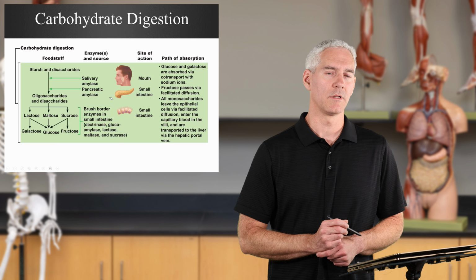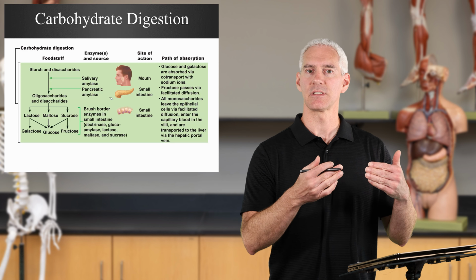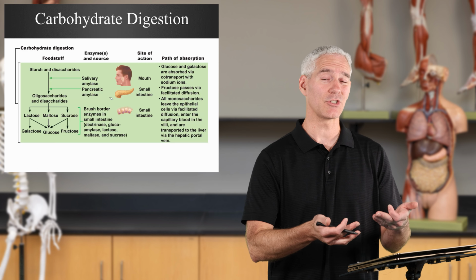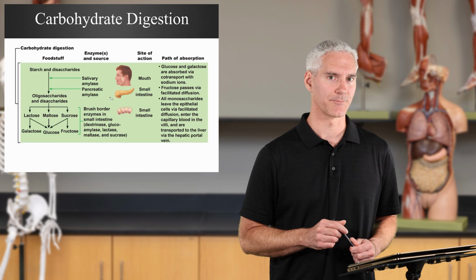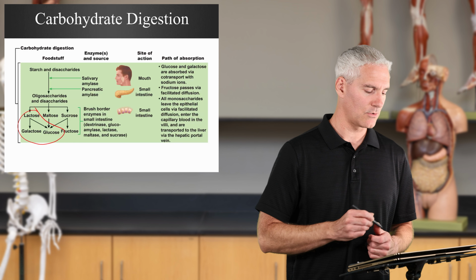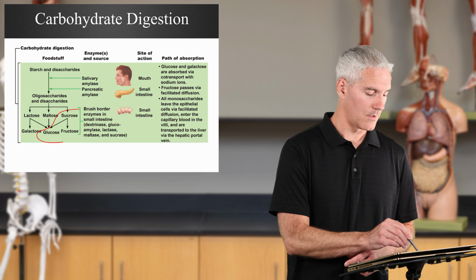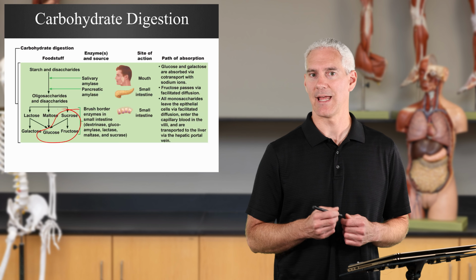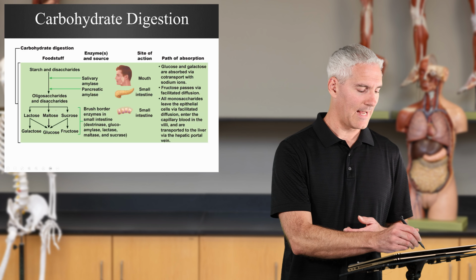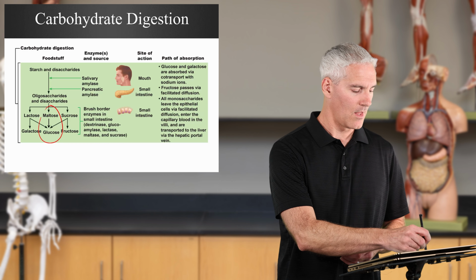The ultimate goal, go from those more complex carbohydrates down to simpler carbohydrates and eventually into the monosaccharides. You can see how lactose goes down to galactose and glucose. You can see how sucrose goes down to fructose and glucose. And maltose simply goes into 2 glucose.